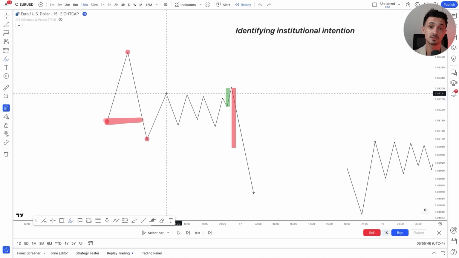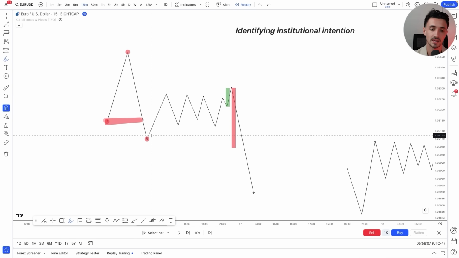Why? Because they have so much money, it's impossible for them to not show their footprint. When they're ready to initiate a big move, they can't hide it. When they put their sell orders in the market, unfortunately, it moves price, right? It's that simple. They can't help disguising their big footprints.